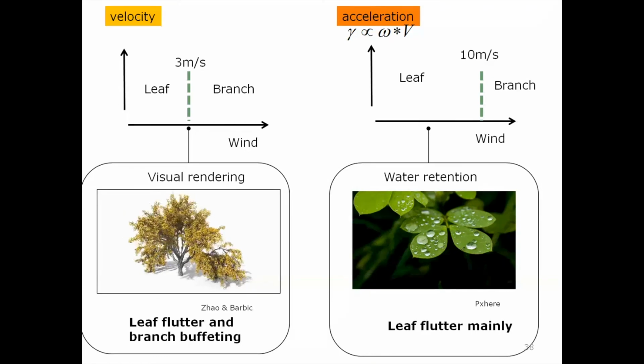But if you are interested in things that depend on acceleration of the leaf, typically water retention, but also insect retention on leaves, it's quite important. Then actually it's mostly going to be leaf flutter because the crossover is going to be way off, because the acceleration is omega times v.